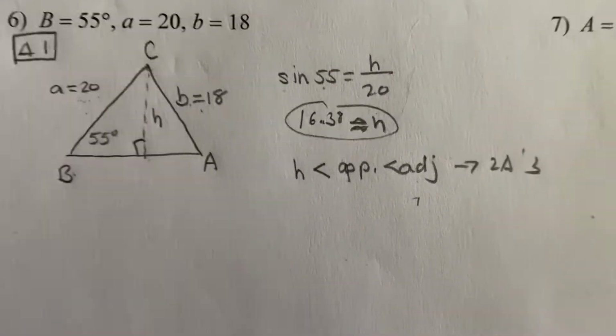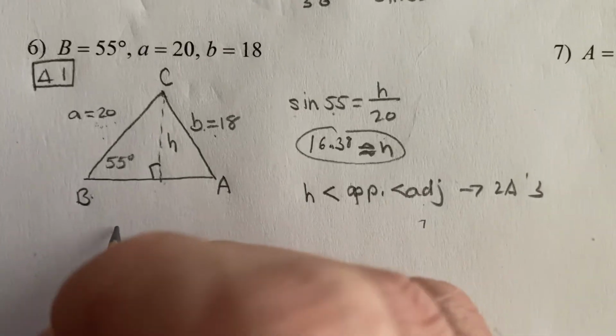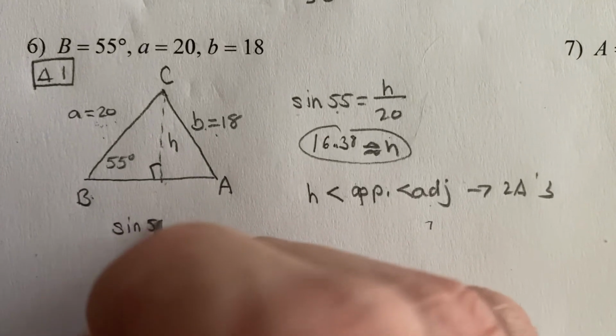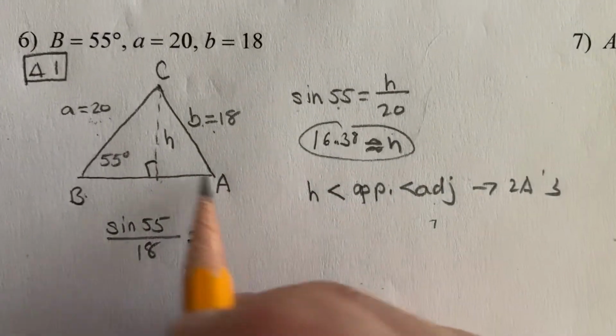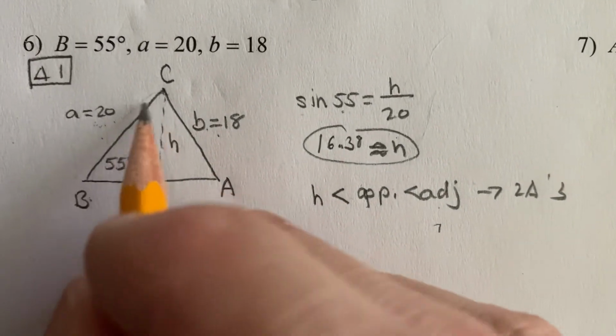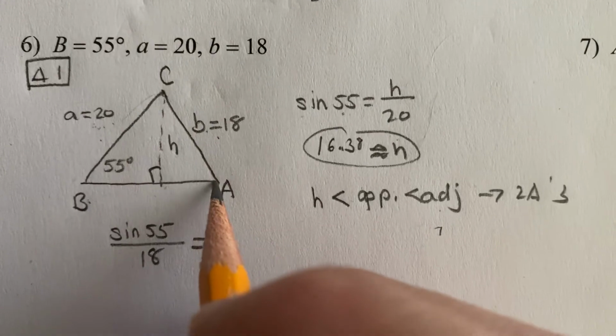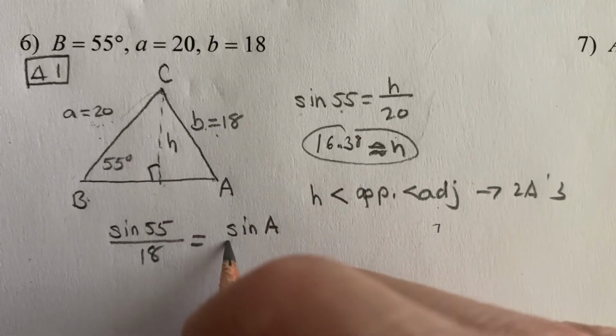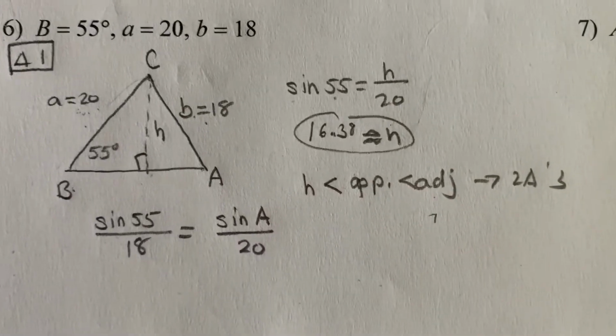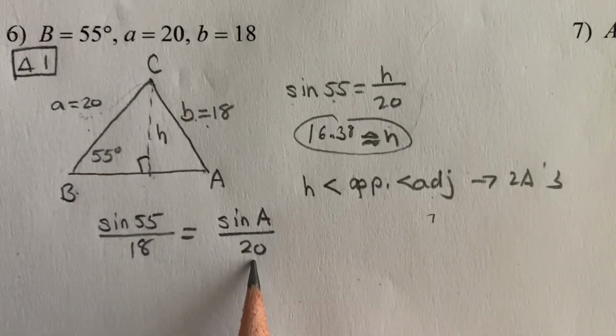Okay, so again, just using your law of sines, just kind of grind it through. Sine 55 over 18. And I'm given the adjacent side, so I'm going to find this angle right here, which is equal to sine of angle A over little a, I should say.